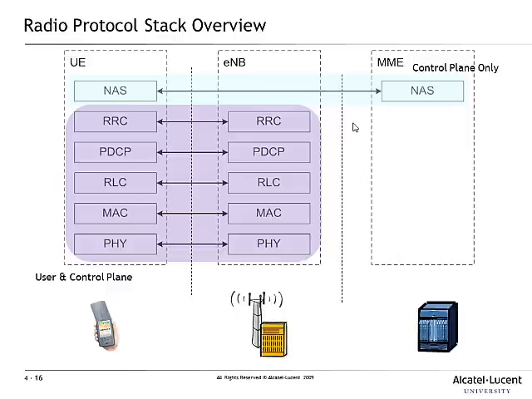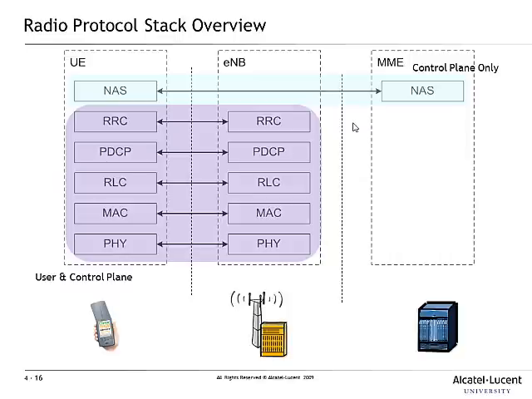Above that, we have the RLC, the radio link control layer. The radio link control layer is about how we have a reliable radio link between the UE and eNodeB. So it has a set of procedures to make sure that information is transmitted reliably between the two endpoints.